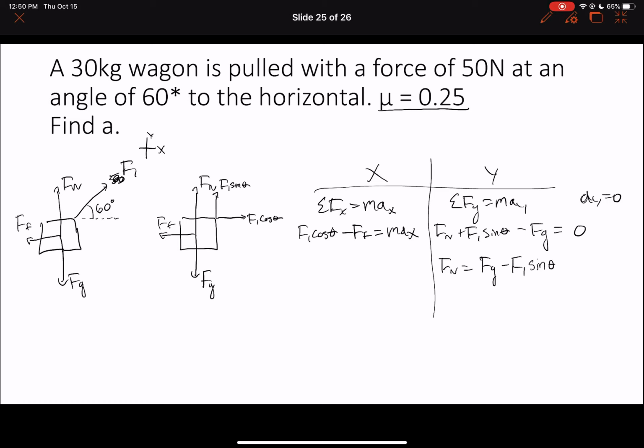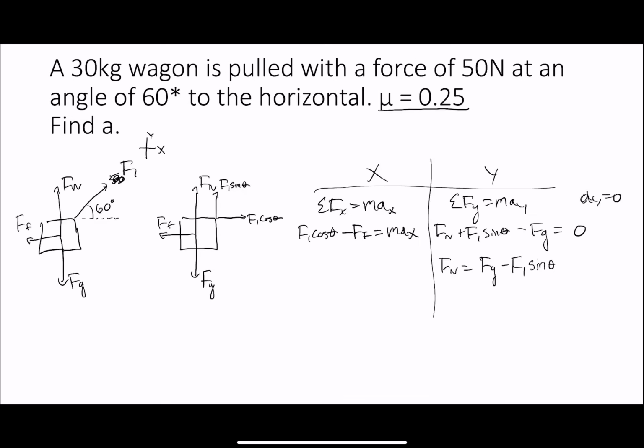Okay? And we know all these things. We know that Fg is equal to mg. So it's equal to 30 times 9.8. So 30 times 9.8 gives us 294. Minus F1 is 50.